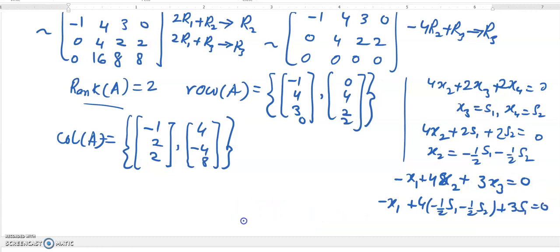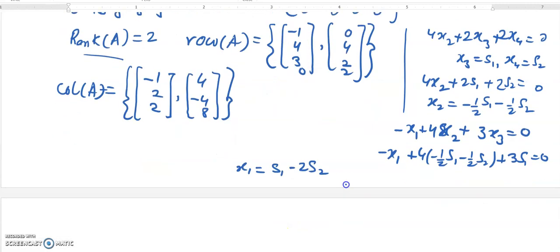From here we can see that x1 will be minus 2 s1 minus 2 s2 plus 3 s1, so it will be s1 minus 2 s2.